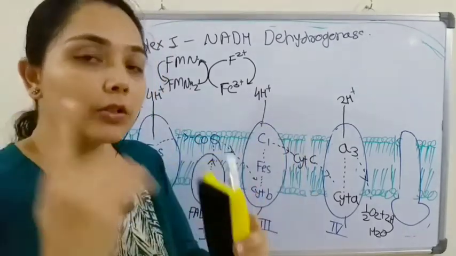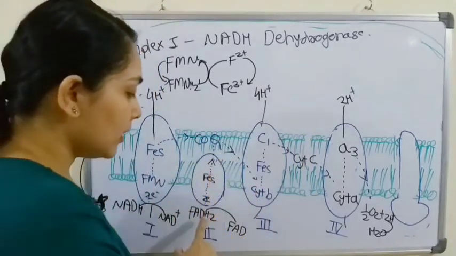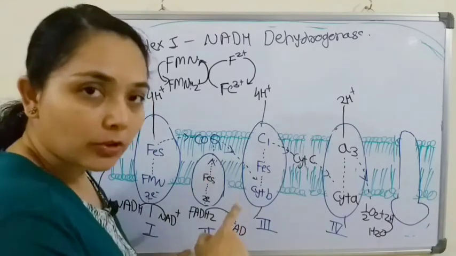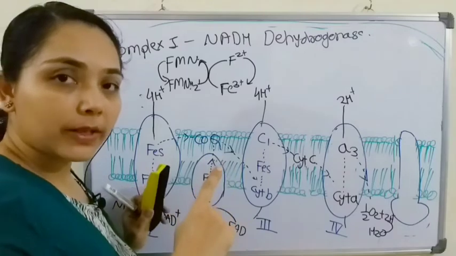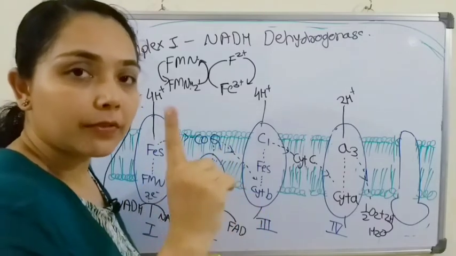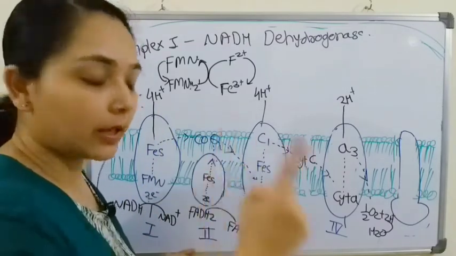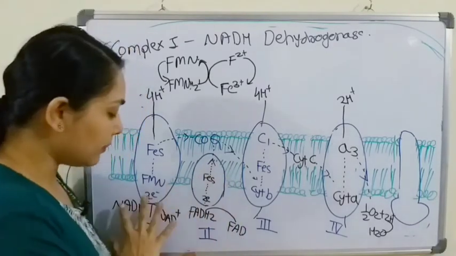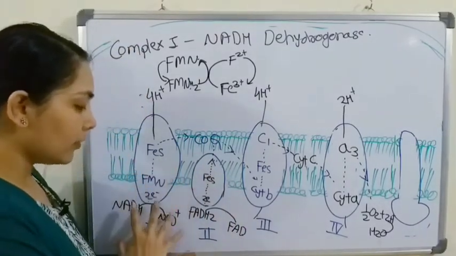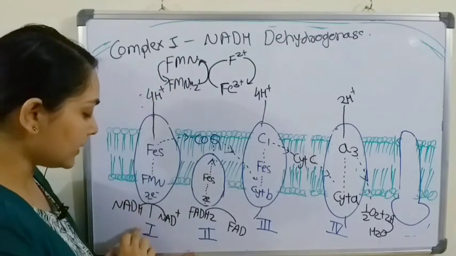But the energy level of electrons in FADH2 will not match with complex 1. Therefore, FADH2 will donate its electron to complex 2, so it will skip complex 1. Here we will talk about complex 1.